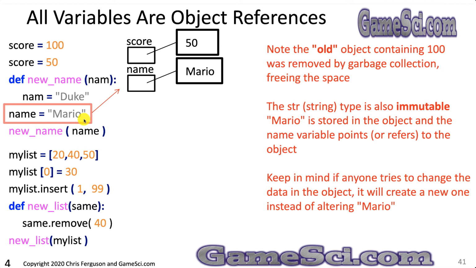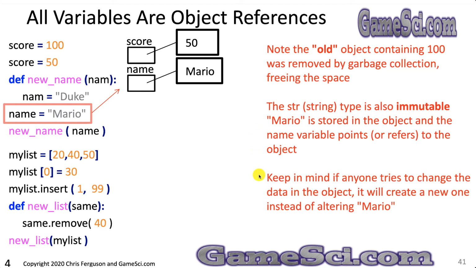Well, in Python, all variables are objects. So what happened? It built a string object this time containing the letters Mario, and name is a reference to that string object. The str or string type is also immutable. Mario is stored in the object and the name variable points to or refers to the object.